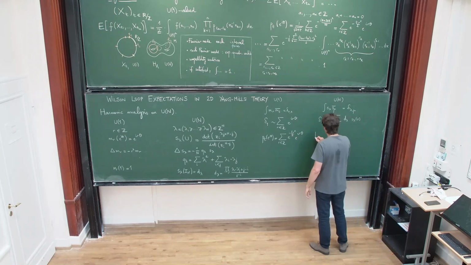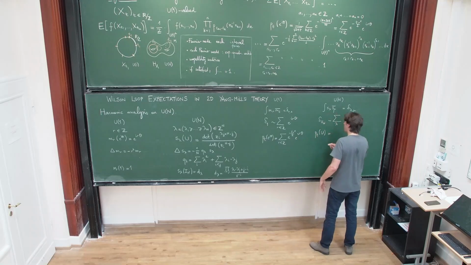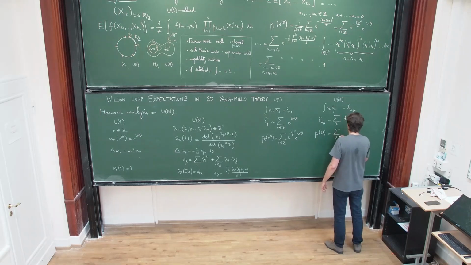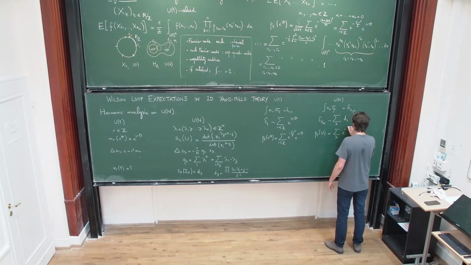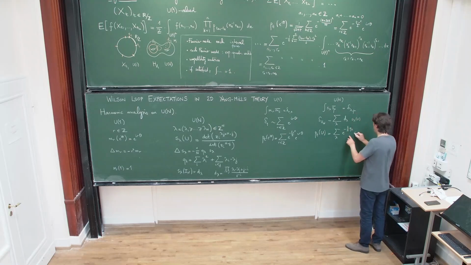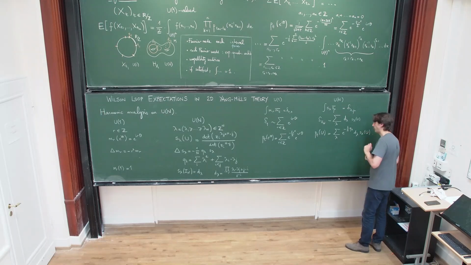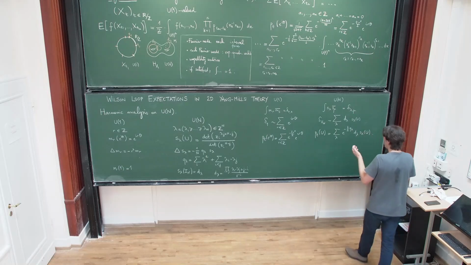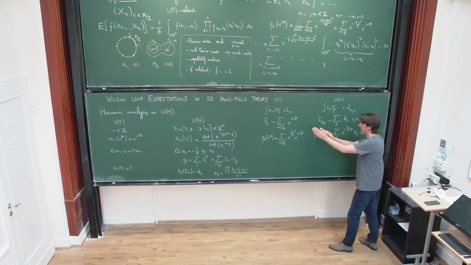And now we can apply in the same way the heat semigroup to this function. And we find e to the minus t over 2 q lambda, d lambda, S lambda of U. This is exactly the analog of this.